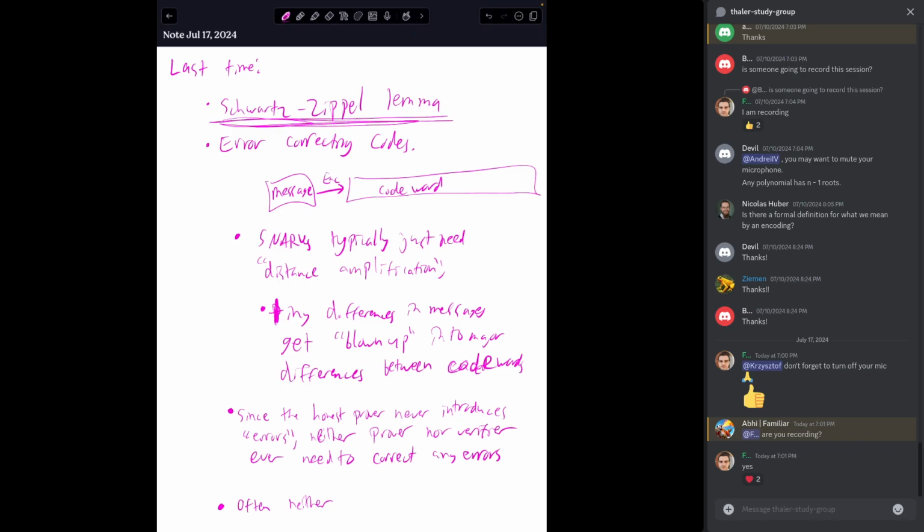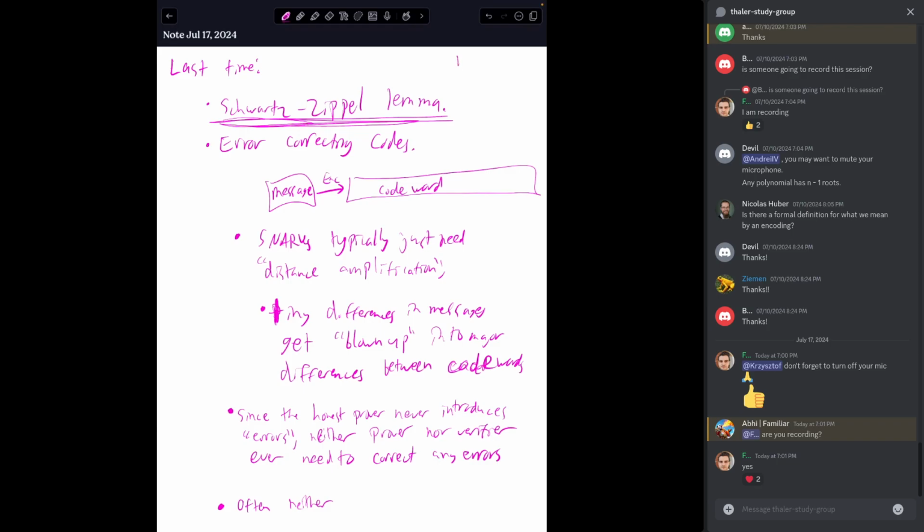which basically just says that any two low degree polynomials, even if they're multivariate polynomials, disagree almost everywhere unless they're the same polynomial.